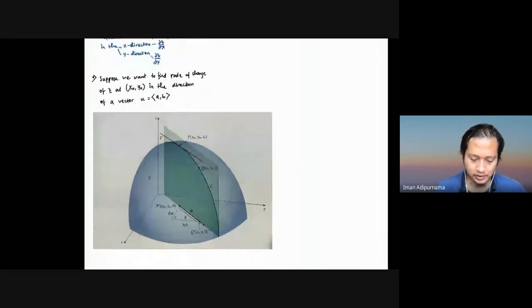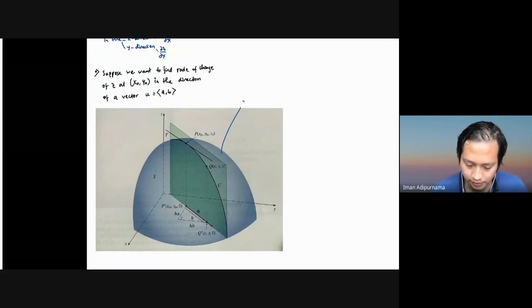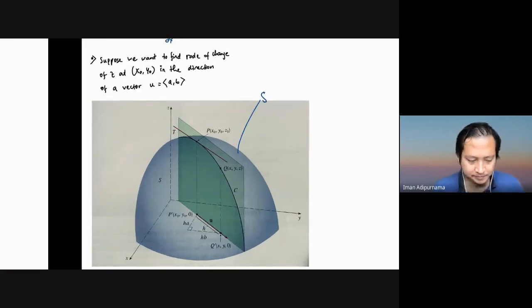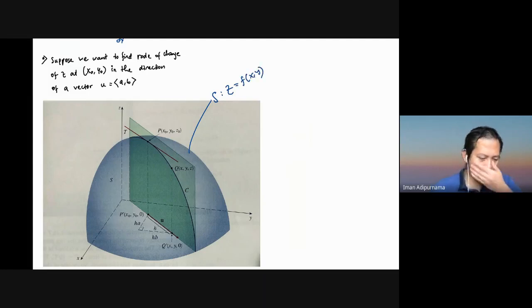Okay, let's see here. The blue one is the surface. Let me write this. So this is the surface S. Okay. You have a point P. So this is S with the equation z equals xy.